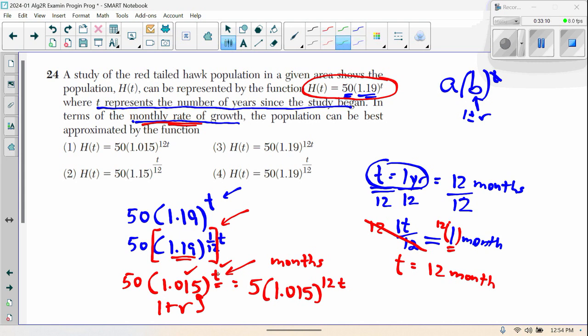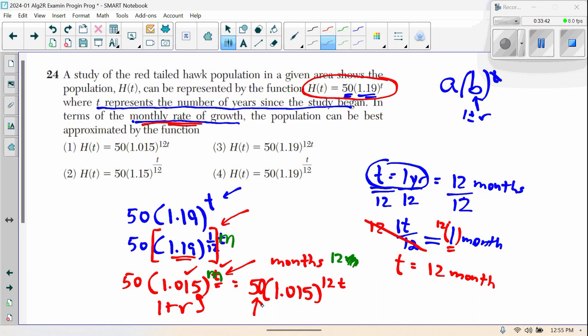This is now in months. We converted it when we put the 1/12. And I want that to years to bring it back to the t years. Well, 12 months is 1 year, right? So the exponent I'll just change back to a t. It's just, you see how we changed it to months by dividing it by 12? Now we're multiplying it by 12 again. And this is 50, not 5. That's the redundancy that I dislike.